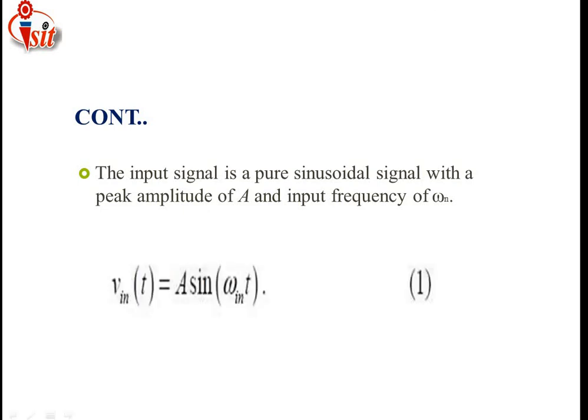Then the input voltage related to that signal is V(t) equal to A sin omega n t, where V is the input voltage with respect to time, A is the multiplication constant factor, and sin omega n t is the sinusoidal signal having the angular frequency omega n.